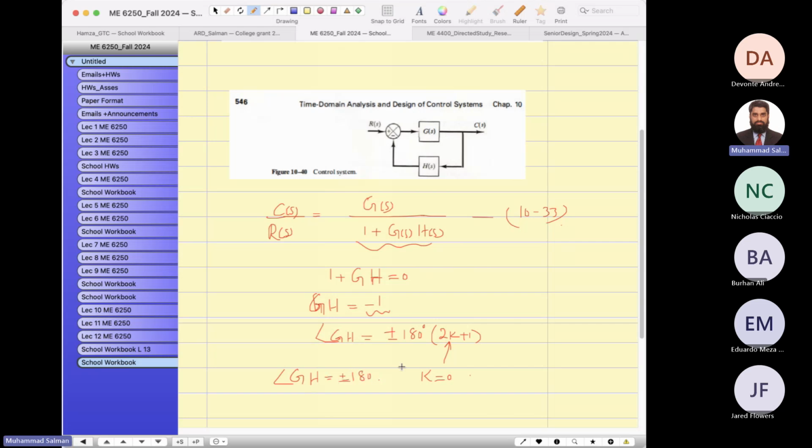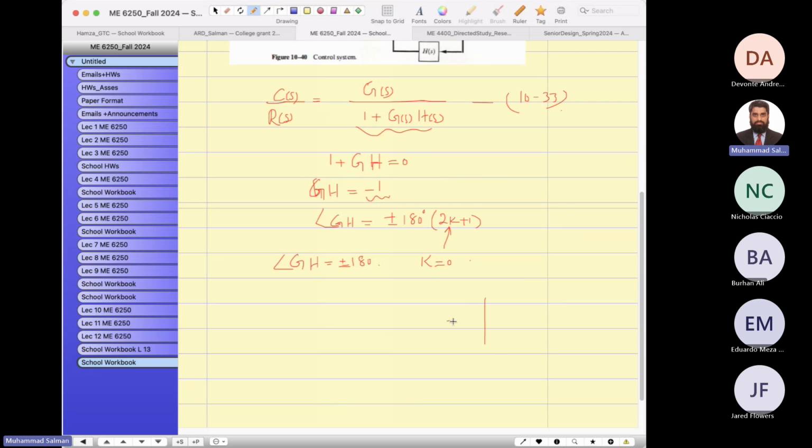In the Laplace domain, if you go from the positive real axis, plus 180, or if you go in the clockwise direction, negative 180 degrees, you reach over here for this pole location. Usually the poles are represented by crosses on the Laplace domain.